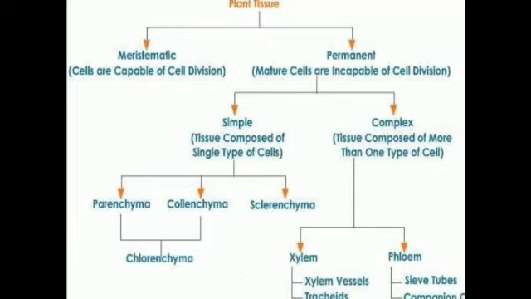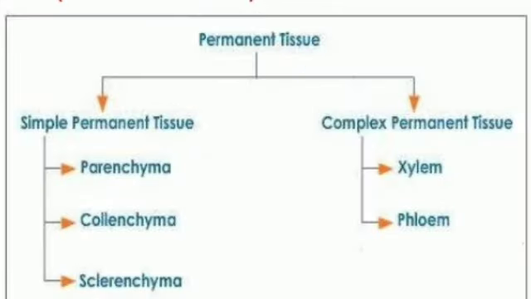Simple means they are made up of only one type of cell, while complex tissues are made up of more than two types of cells. In parenchyma, collenchyma, and sclerenchyma, one common function I have told you is that they give mechanical support.